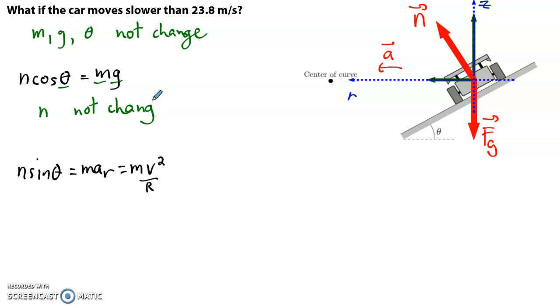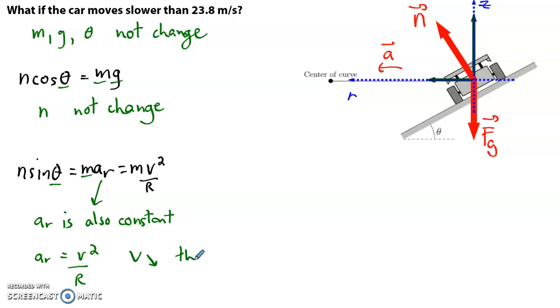And if the normal does not change, and we have that again theta does not change, and m does not change, this tells us that AR is also constant. And if AR is constant, this means that we have just one possibility. If V decreases, then we know that the radius must also decrease.